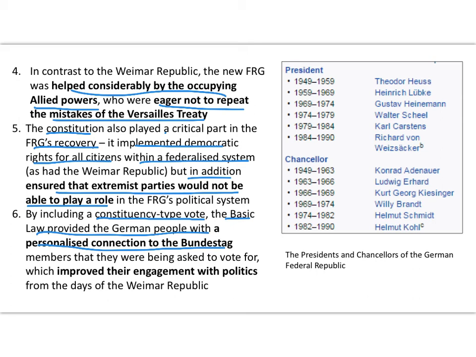They were actually voting for a person in their area that represented them directly. So they were more directly engaged in politics than they had been in the Weimar Republic, and that was clearly a weakness of the Weimar Republic voting system. It didn't engage people with politics in the same way as the new West German system.